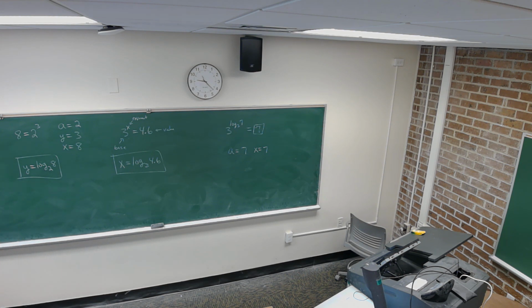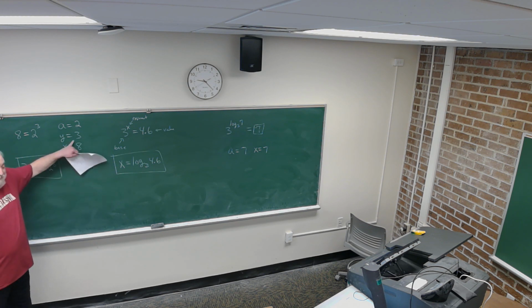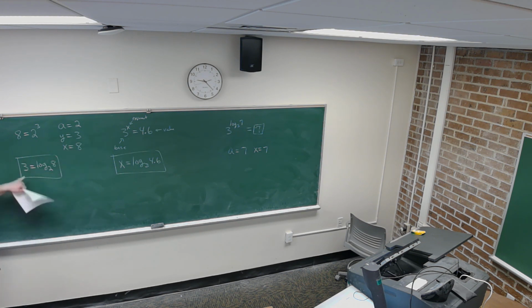Yes, sir. For example in A, why wouldn't you change the y to 3? And you know what? You're absolutely correct. Y is equal to 3, right? And so it should be 3 equals log base 2 of 8.